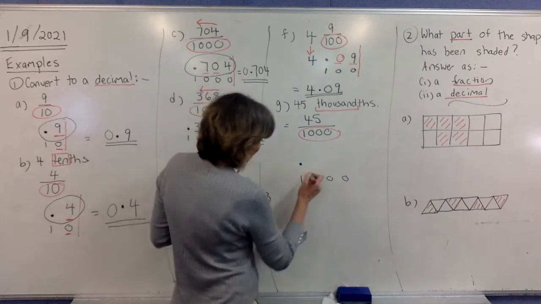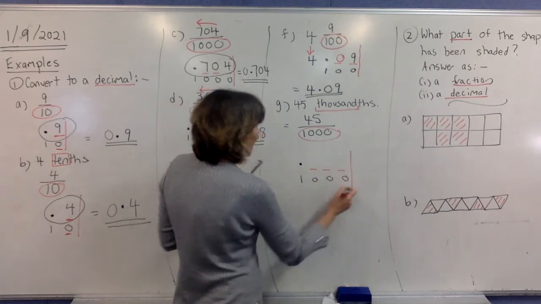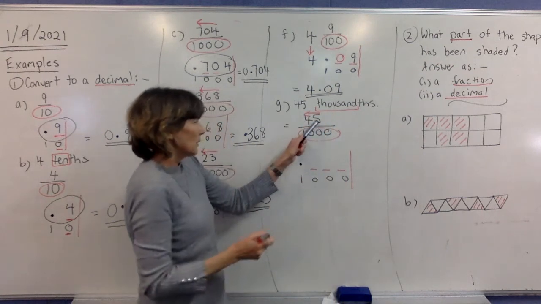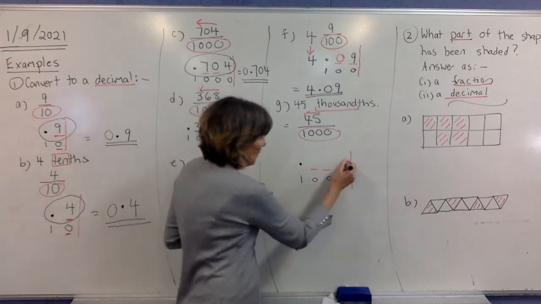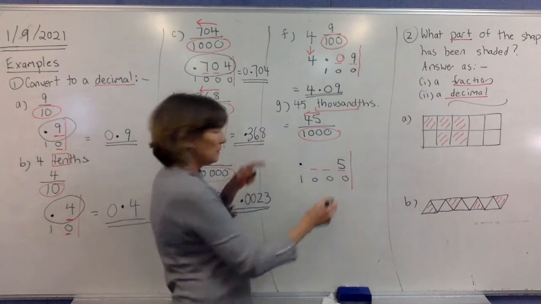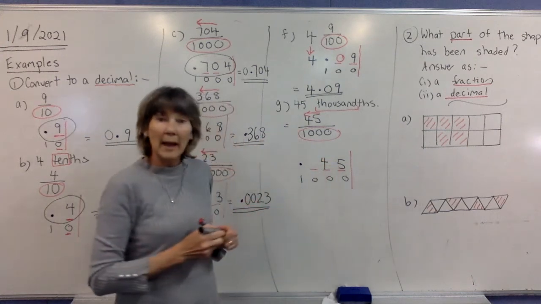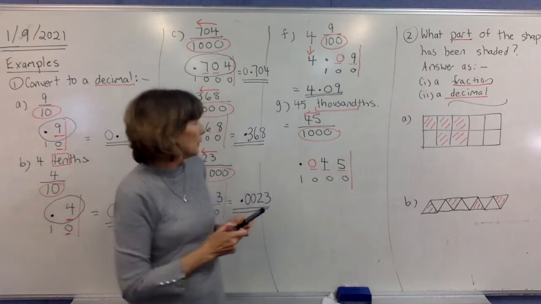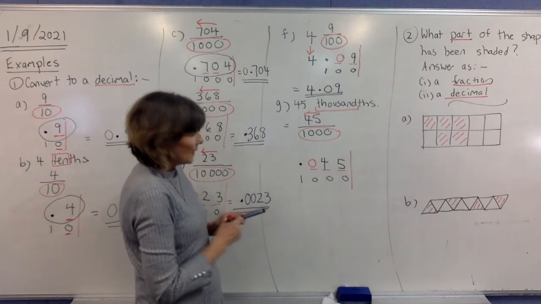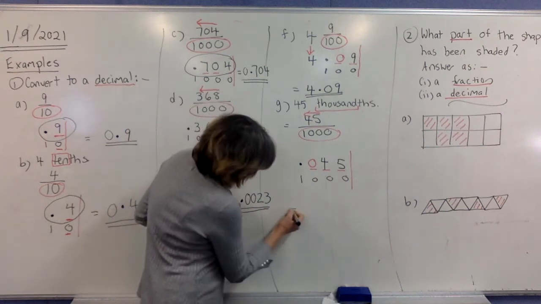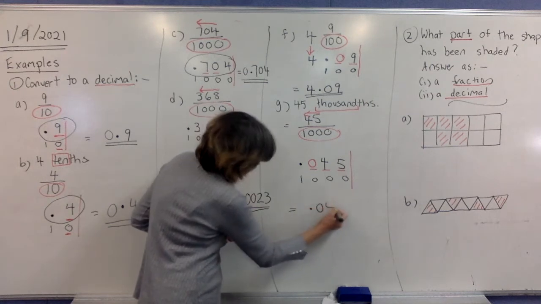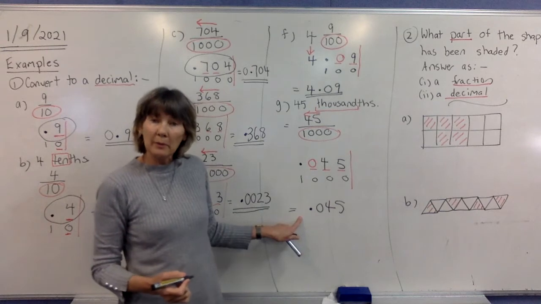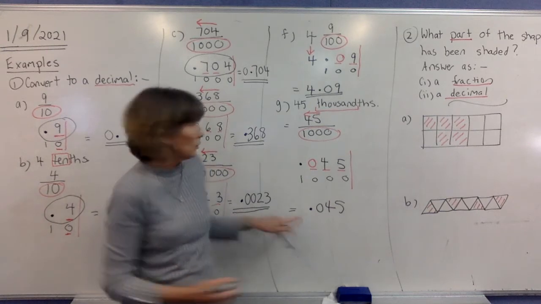We're filling in spaces here. Start at the end. So remember we're going backwards. So we're going to put the 5 in the last spot, 4 in before it, and we've got an empty space, so we're going to get our red pen and put a 0 in there. So that's our answer, 0.045. If you want to put a 0 in before it, you can, up to you.